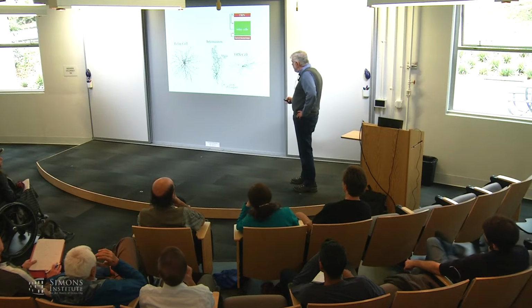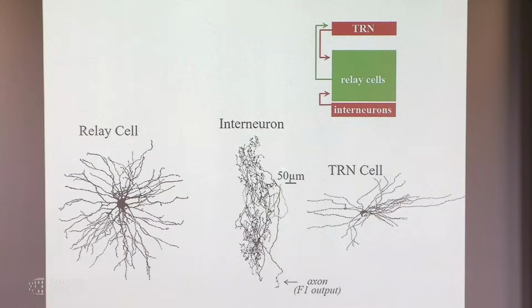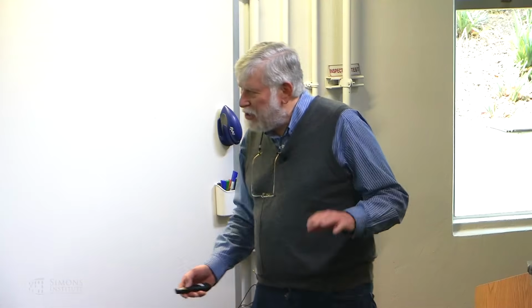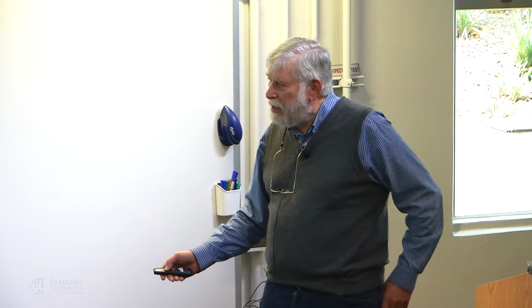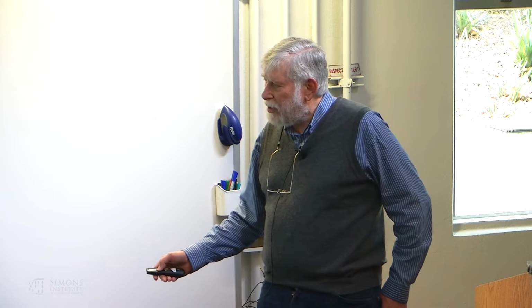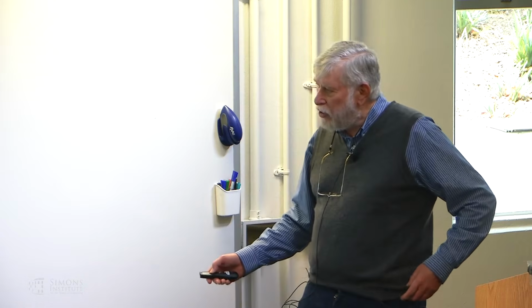The innervation of relay cells comes from a traditional axon that provides a terminal output known as F1. There's a reason for calling them F1s, but let's not go there, it's not important. They have a particular kind of output from the axon that's fairly traditional, typical of GABAergic cells in cortex as well as thalamus.